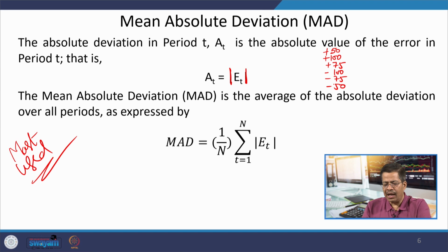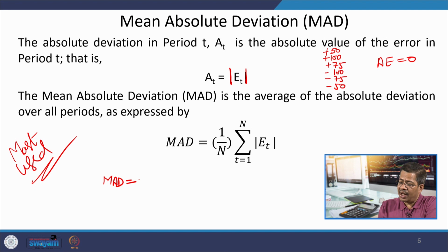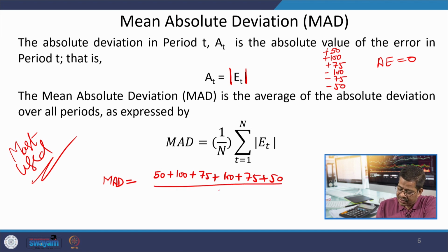So, if my average error is 0, but for the calculation of MAD, I will take the absolute values of all these periods, and absolute values will be without any sign, 50 plus 100 plus 75 plus 100 plus 75 plus 50 divided by 6.